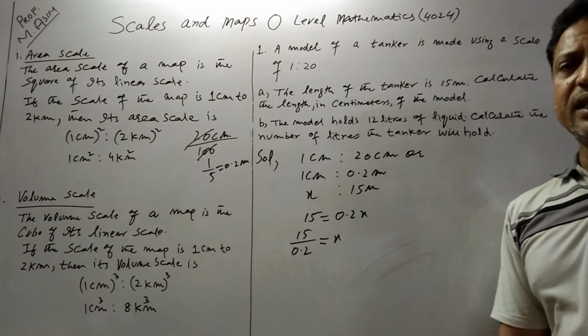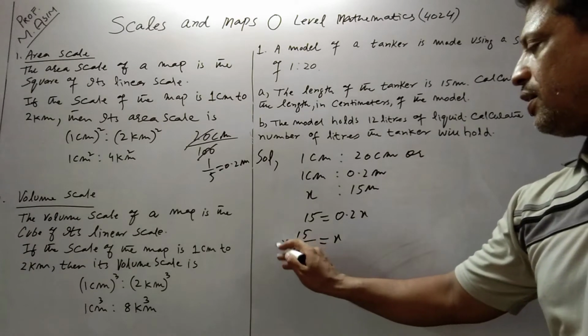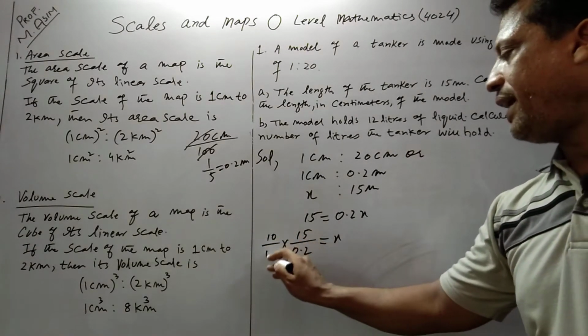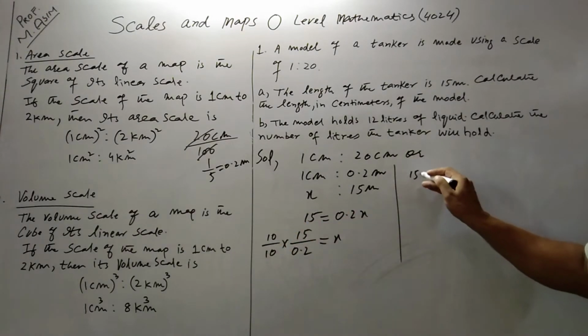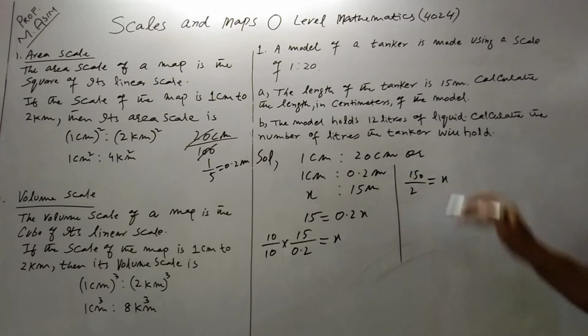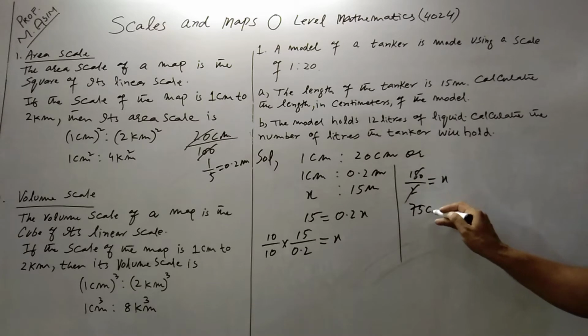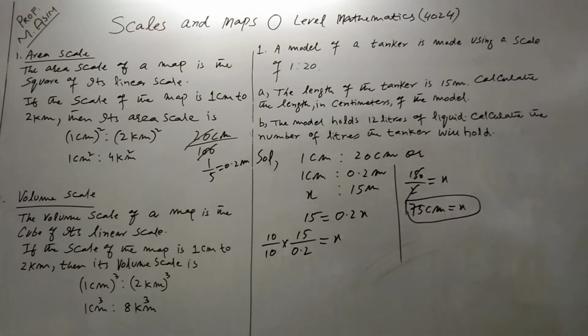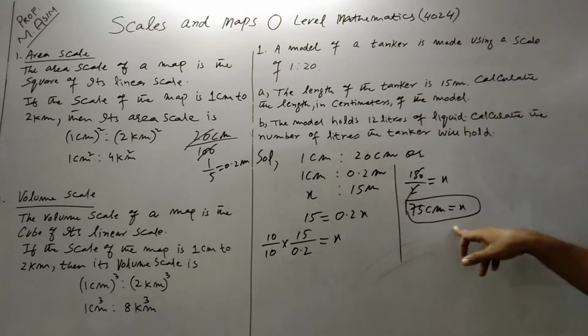How to eliminate the decimal from 0.2? Just multiply and divide by 10. 15 tens are 150 and 0.2 tens are 2, equals x. 150 upon 2 is 75. 75 centimeter is the value of x. Hence the length in centimeter of the model is 75 centimeter.